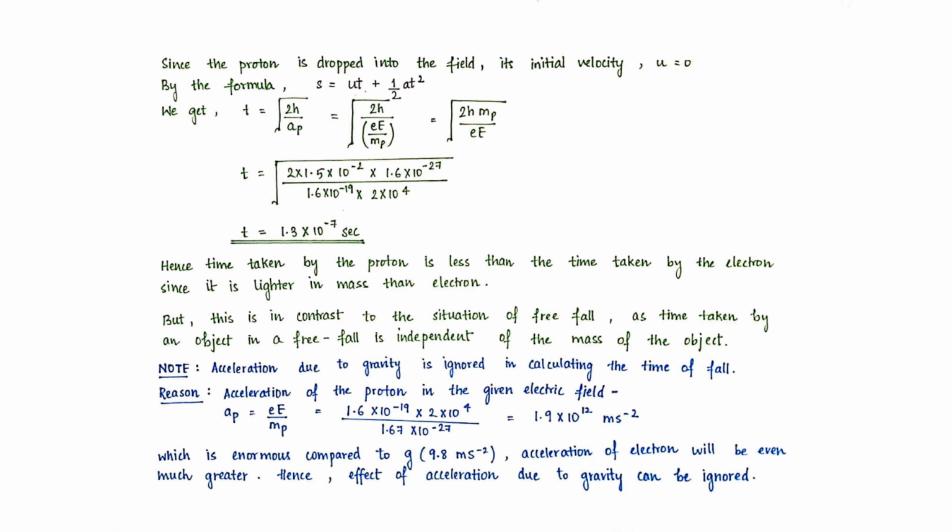Now see, since the proton is dropped into the field, its initial velocity is 0, and final we do not need in this particular equation. Again this equation is coming from the laws of motion in straight line.